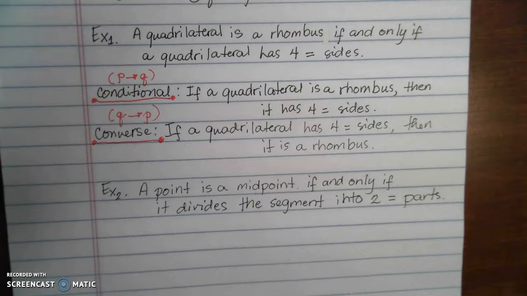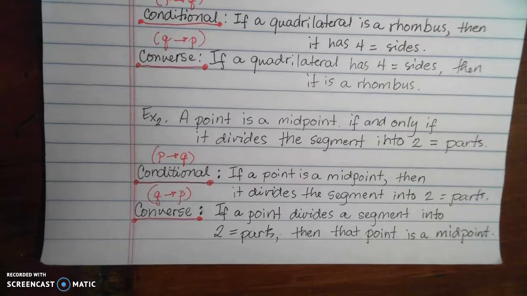Example number 2. A point is a midpoint if and only if it divides the segment into 2 equal parts. Go ahead, I will give you a couple of seconds to construct the conditional and the converse statements for this one. Do your sentences look like this? Let's take a look.